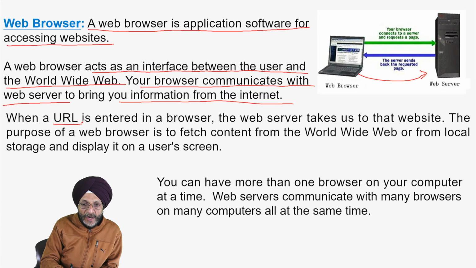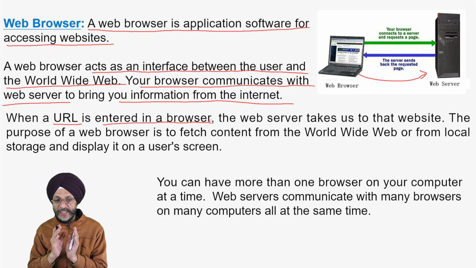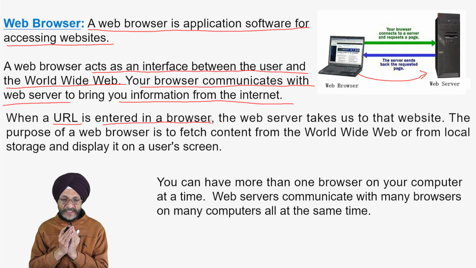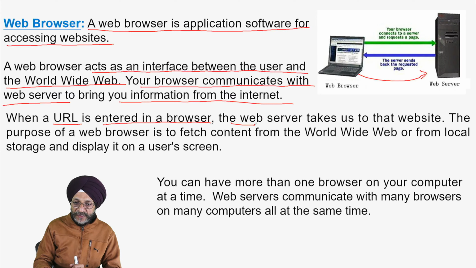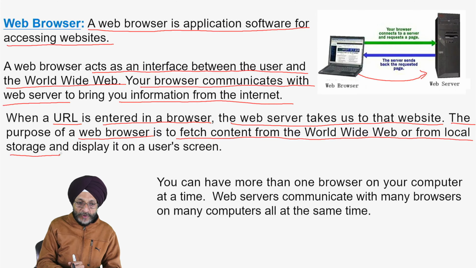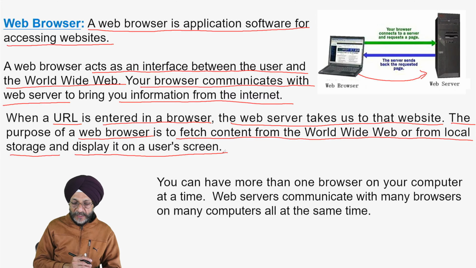When a URL is entered in a browser, that is, whenever we enter the web address in the web browser, the web server takes us to that website. The purpose of a web browser is to fetch the content from the World Wide Web or from local storage and display it on a user's screen.